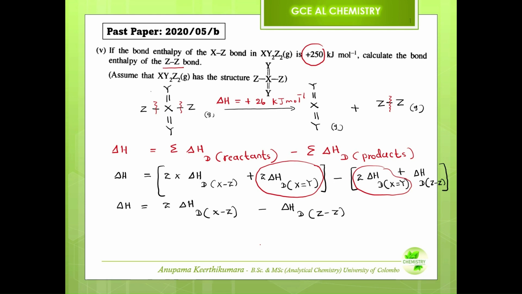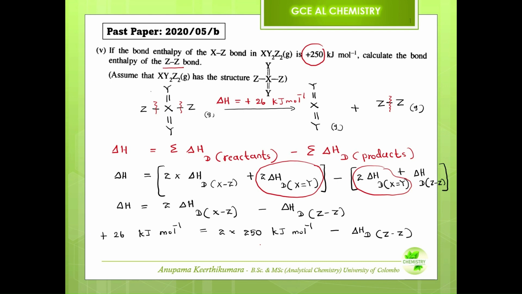Enthalpy change of this reaction is plus 26 kilojoules per mole. Bond dissociation enthalpy of this XZ bond is 250, then 2 into 250 kilojoules per mole minus bond dissociation of the ZZ single covalent bond.